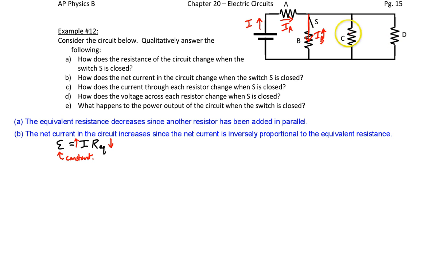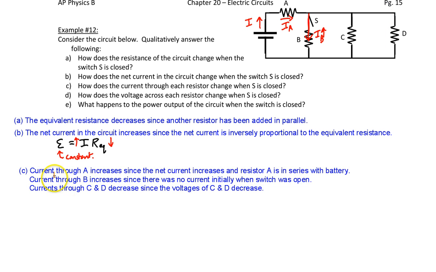And so therefore the current through C and D decreases. But I don't always like that reasoning, because one could say, well, the total current has gone up too. So doesn't that affect it? Well, yes, it does. But dividing into a third is going to cause that current to decrease more than the increase from this little bit of extra current. Or better yet, you could also argue it by the voltages, which we'll answer in a moment.